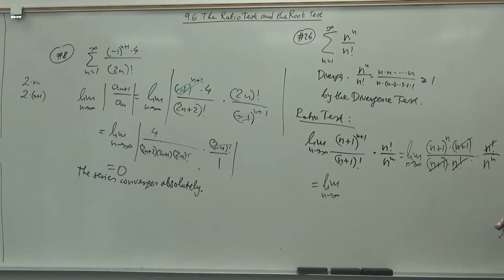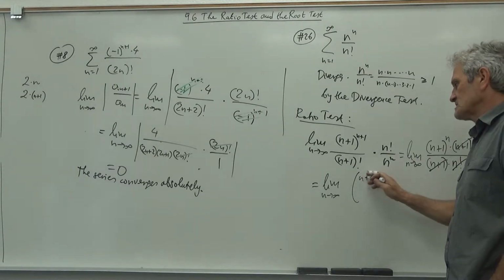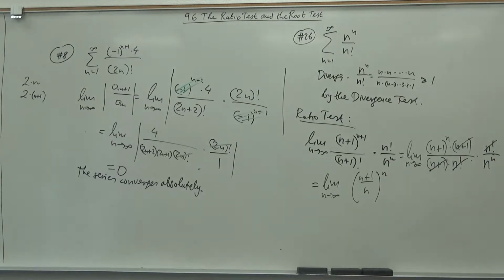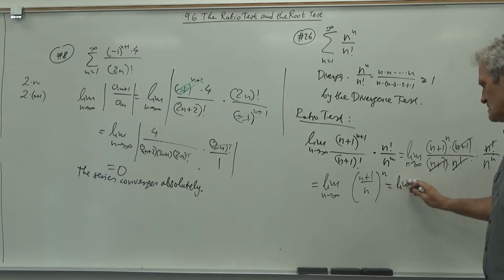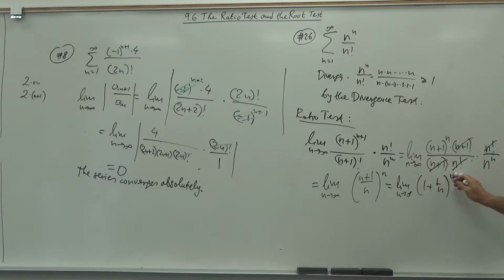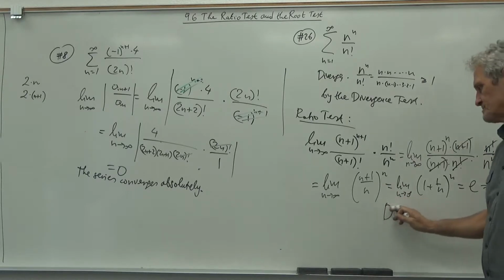What's nice is they have the same power, so I can get them under the same power, (n plus 1) over n, to the n. And then maybe I can rewrite this as (1 plus 1 over n) to the n. And that tells you that this is a limit that we have in section 9.1. This is one of the most famous limits. This is e, and you know that e is approximately 2.71, which is greater than 1, so it diverges.